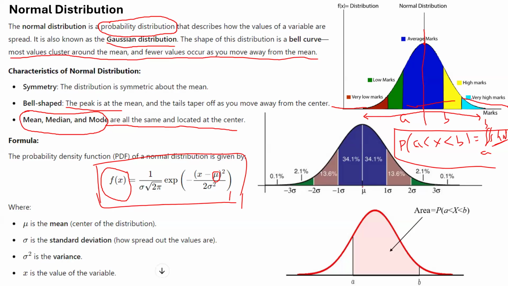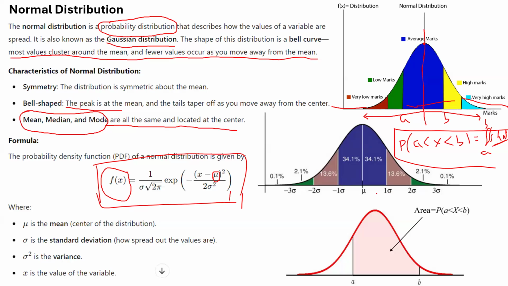Got it? This is how it looks in most cases. This is the mu, this is one standard deviation, this is 2 standard deviations, and this is 3 standard deviations, and the same in the other direction. It is said that in most normal distributions there is a rule: 68% of the data points fall within 1 standard deviation.